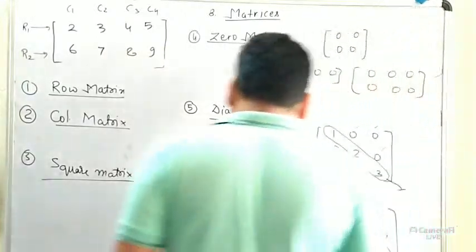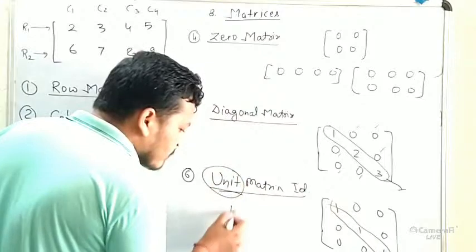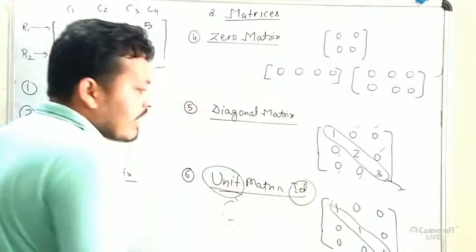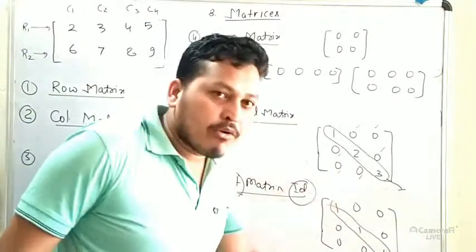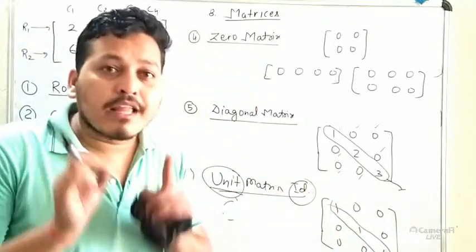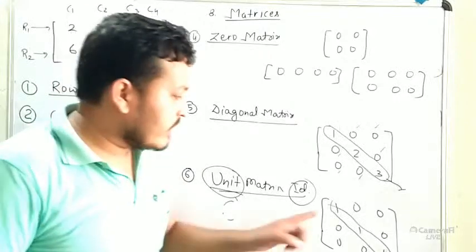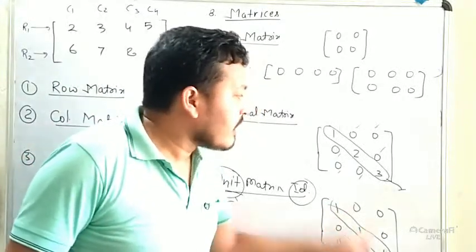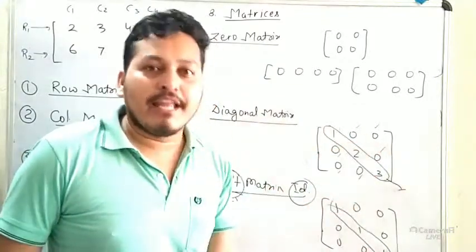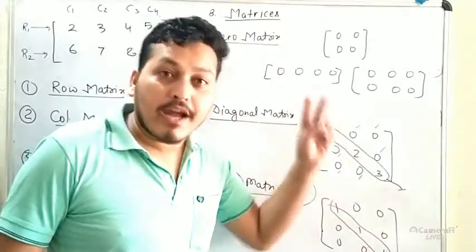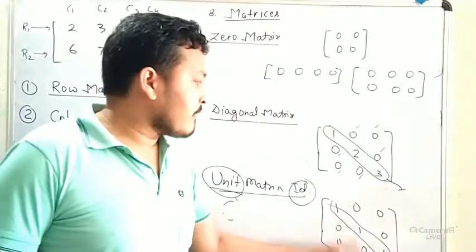But unit means one. Identity means single, unit means single. In the case of the unit matrix, the diagonal number is always 1. But in the case of the diagonal matrix, the diagonal number can be any number.